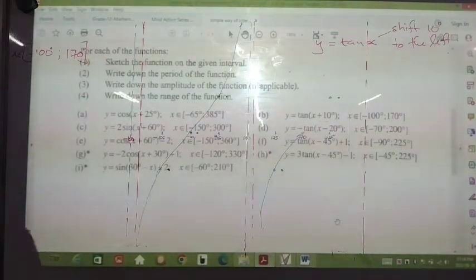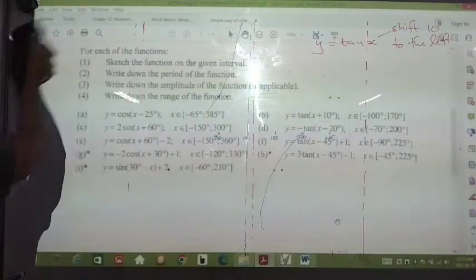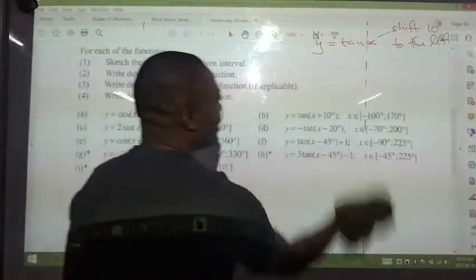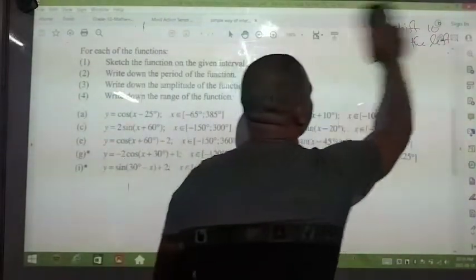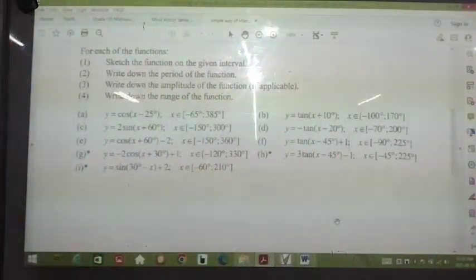You can pick some of the questions for you to try on your own and see how easy it is to come up with a graph.